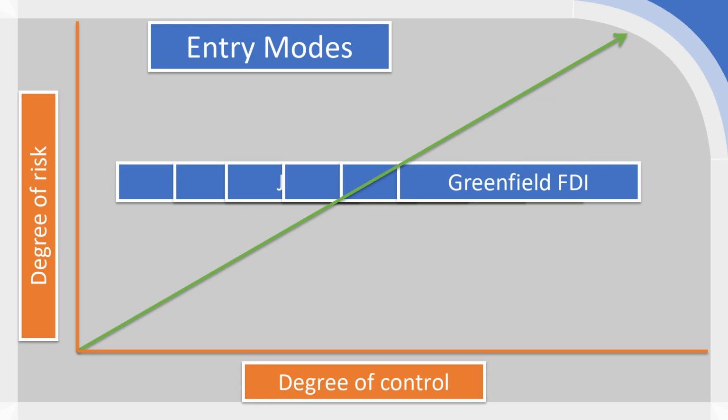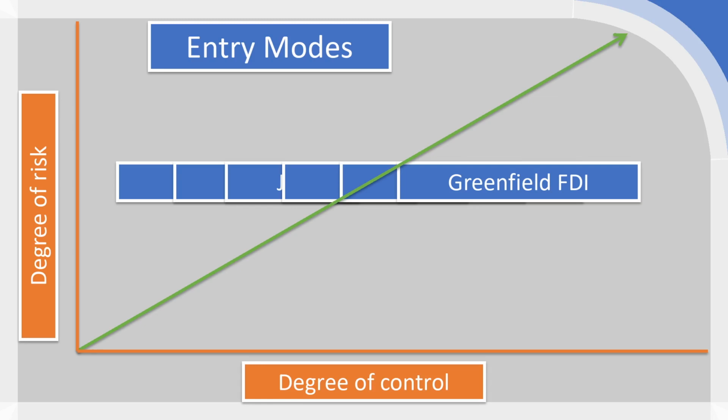If we want more and more control over the way consumers interact and consume our products and services, if we want more control over how they're sold, how they're marketed, if we want more control over the logistics and the operation itself, then that will almost always be accompanied by increased risk as well.